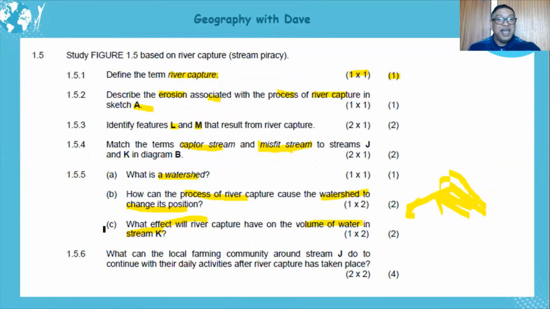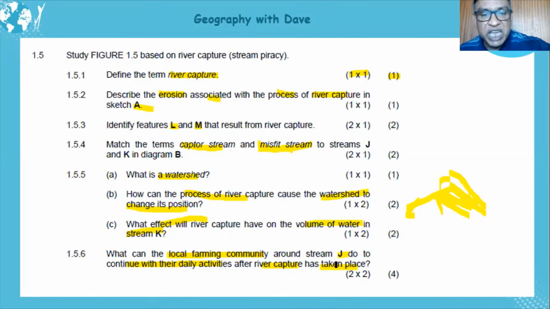Okay. Now, what can the local farming community around stream J do to continue the daily activities after river capture has taken place? We know river capture takes millions of years and the process is slow, right? So of course there could be some challenges. But how do we answer this question?